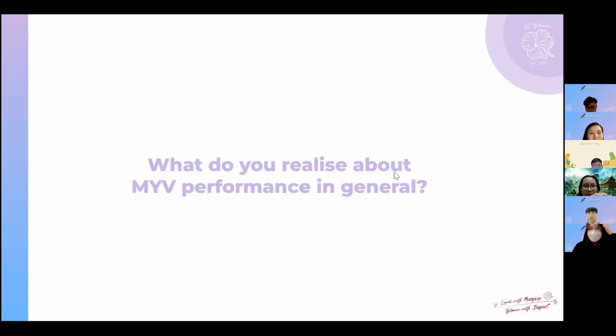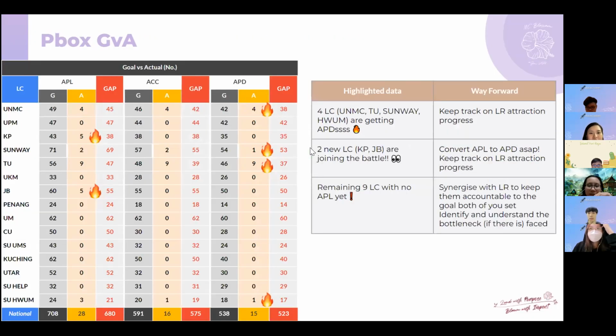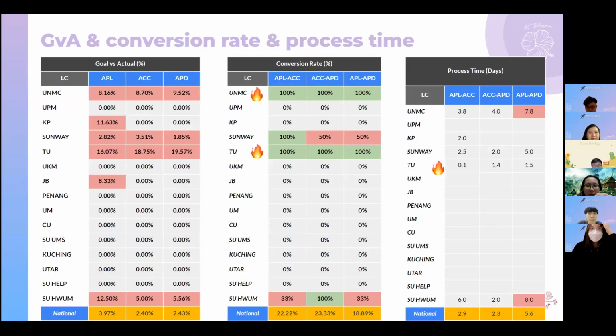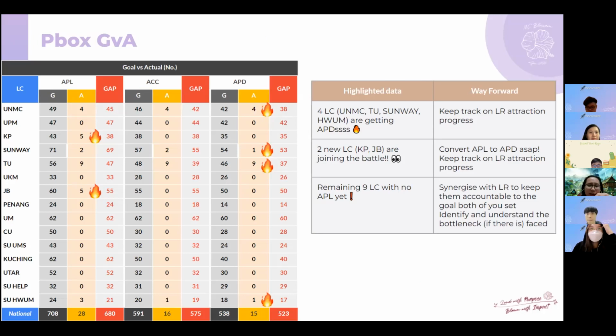Anything that you realize in general? Not only your LC, but in general. Okay, it's fine, because later on you all need to think about it as well. I hope you can think about these questions and go through these 3 slides to see the performance.